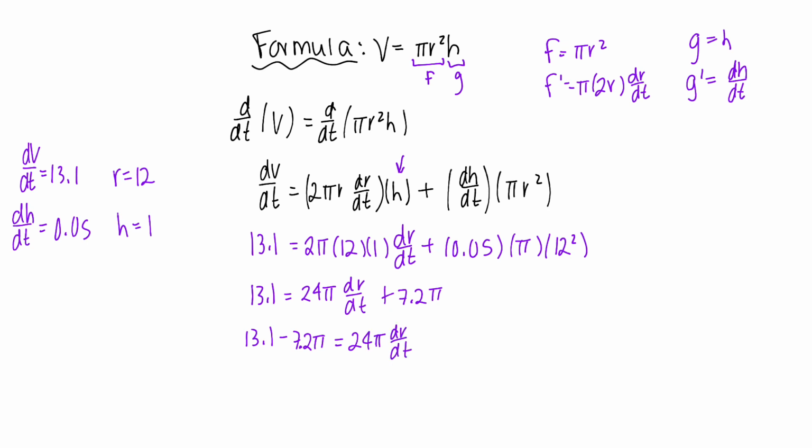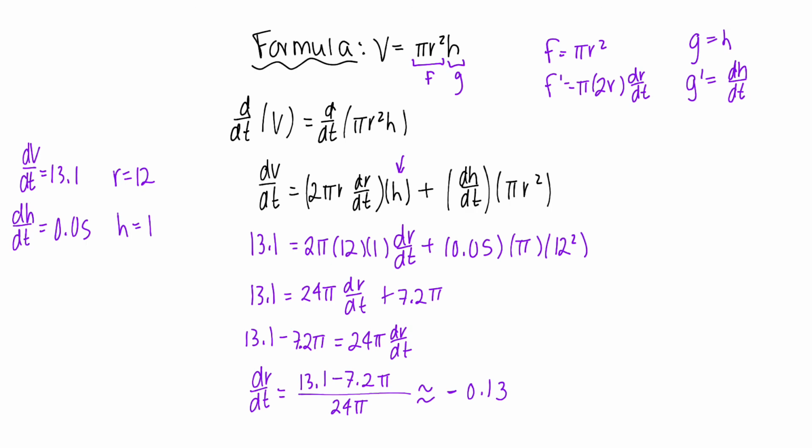And then to get dr/dt by itself, I'm dividing by 24 pi. So we have 13.1 minus 7.2 pi all over 24 pi. Plugging that in my calculator, I get negative 0.12 or 13. Now that doesn't sound right.